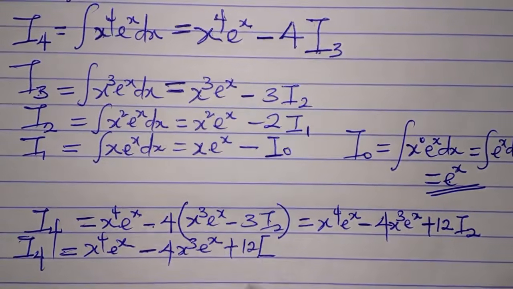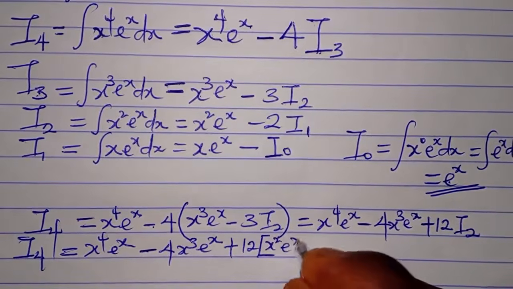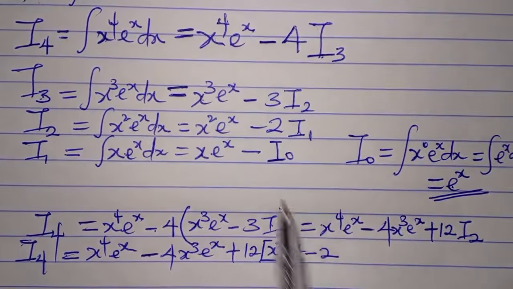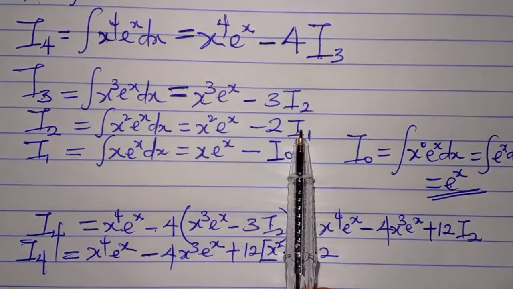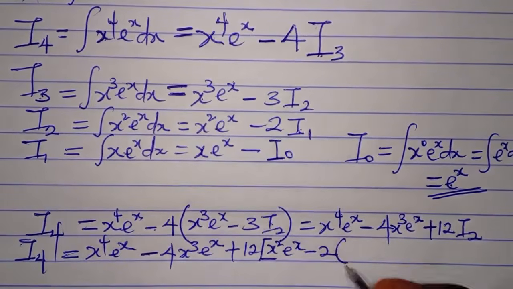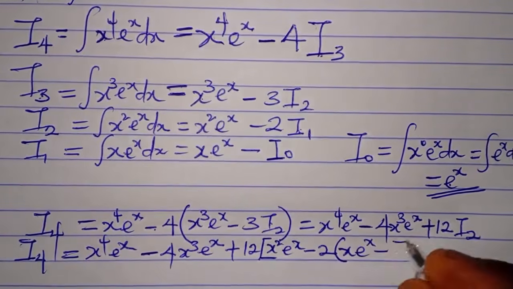This is I2: x squared e to the x minus 2. Okay, let me just write I1. I'm supposed to write I1 now, right? But I1 is everything here. So I'll put in bracket x e to the x minus I naught.